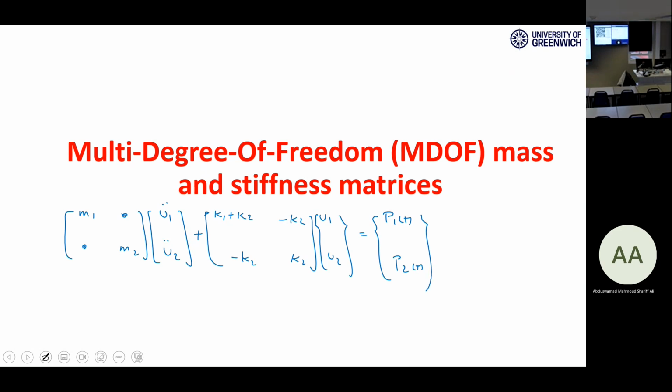It's a free vibration, like I pull it and release it, it will vibrate. Anyway, this is the system of partial differential equations for a two-story building.